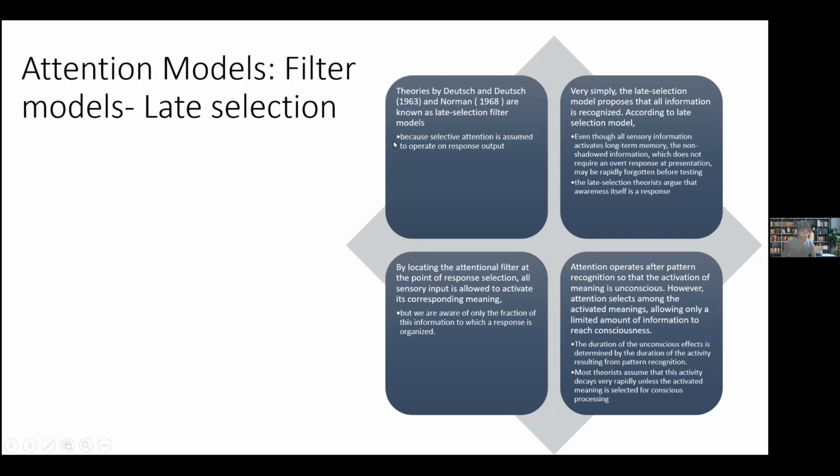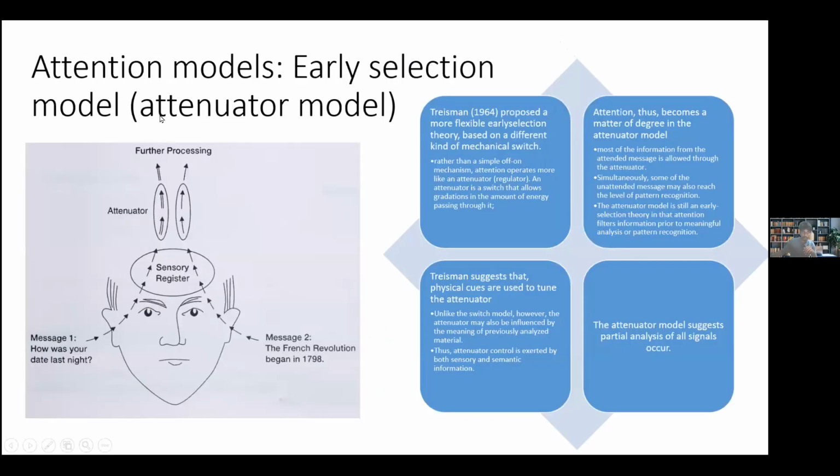So here selective attention is assumed to operate only on response output. So we have that filter. That filter is not during the selection period, but happens later. If we look here, this is the filter from the early selection one, right?